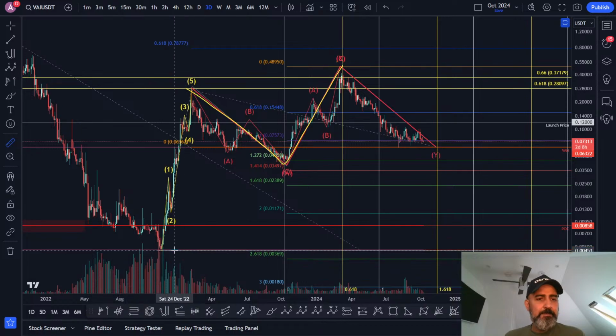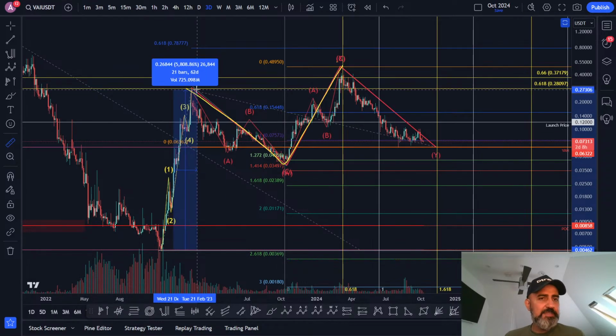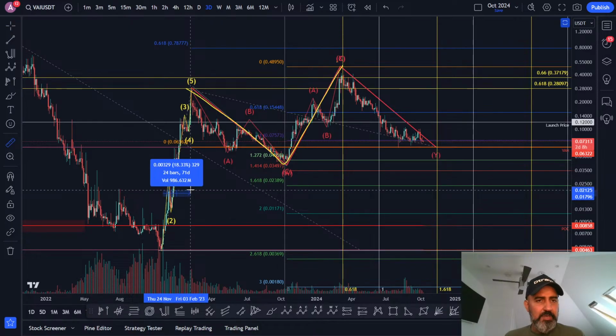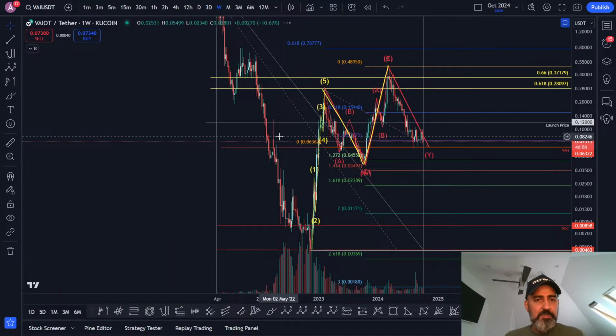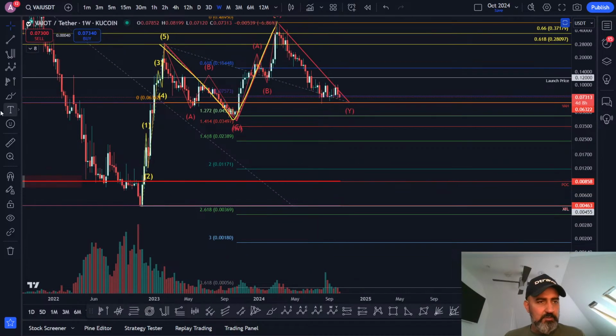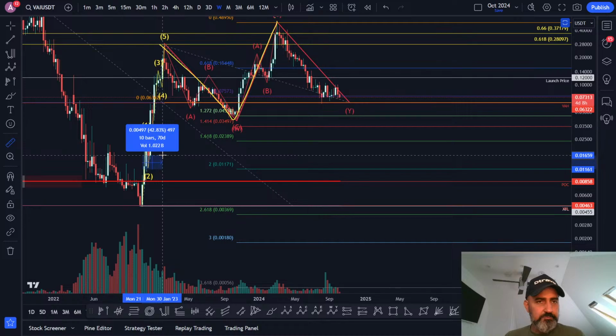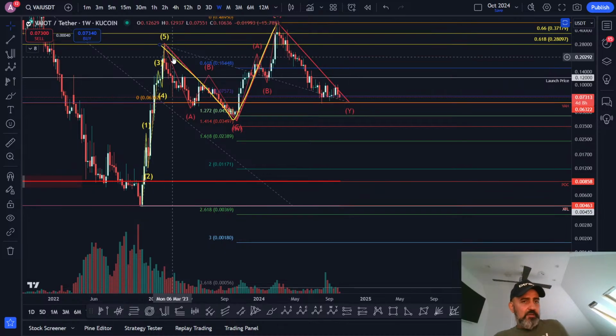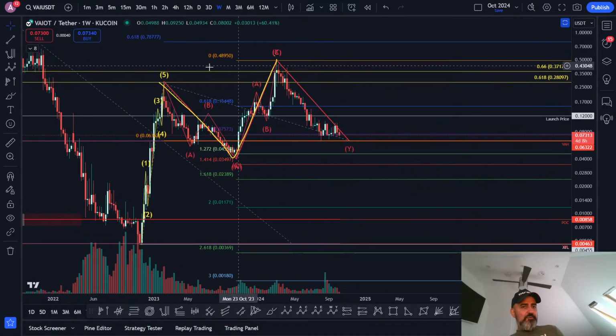That was a 5,000, 6,000% increase in a very short space of time, over a period of how many weeks? 10 weeks, from the beginning of November 22 through to January 23. Look at that crazy increase. And the rest, I think, is just consolidation.